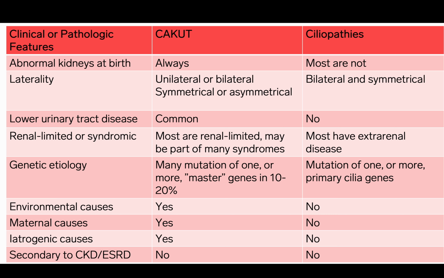Ciliopathies are always bilateral and always symmetrical. Lower urinary tract disease only occurs in KCUT, and both groups can have extrarenal anomalies as part of their syndrome. As you can see, the etiologies of KCUT are far more diverse than the etiologies of ciliopathies.